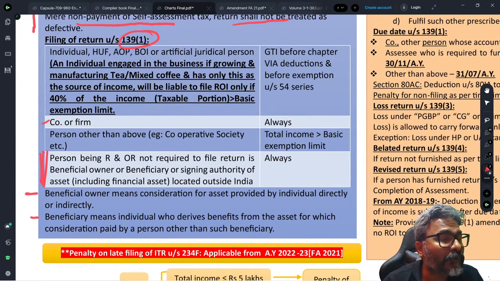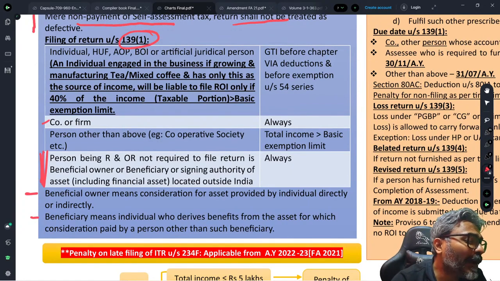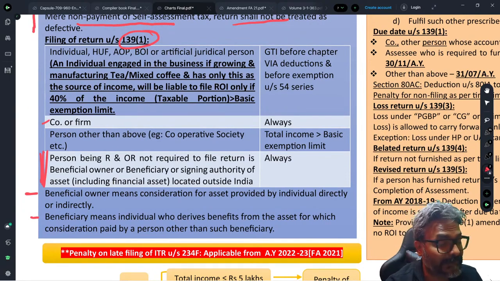So there was a trust which came into the picture, or the assets were getting invested in the names of locals of those countries, and you actually became the beneficial owner of those assets. The name was that of the locals, but you were the beneficial owner, or you were the beneficiary, as the case may be.